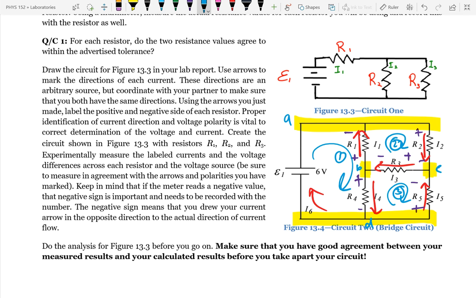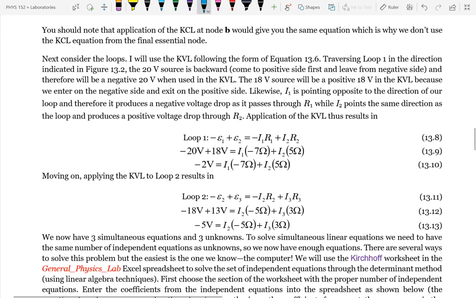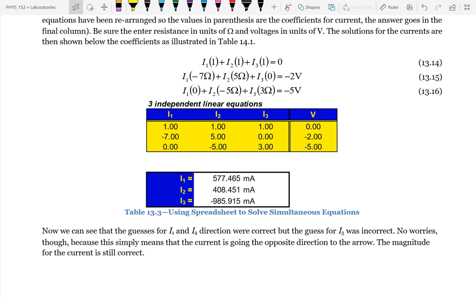And I recommend you do it with the linear algebra. To that end, if you go to the spreadsheet that's in the Physics 151 folder in the computers, you have a spreadsheet that allows you to put in numbers. There's actually two spreadsheets on the Kirchhoff's law tab or worksheet.